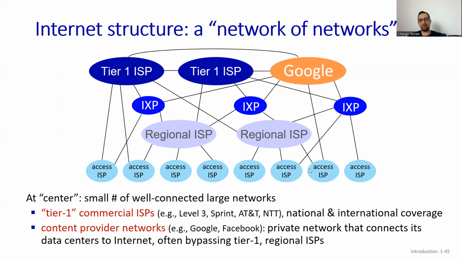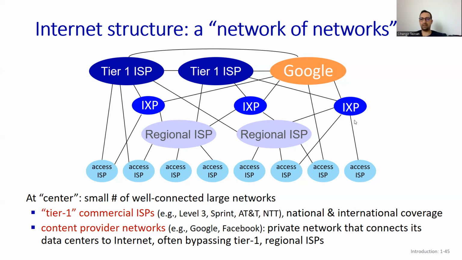This is actually the reason why there are internet exchange points. For instance, this ISP can use this tier 1 to connect to this ISP, but instead of paying that amount of money, they can create an internet exchange point where this ISP can connect to this ISP. This is related to economics.